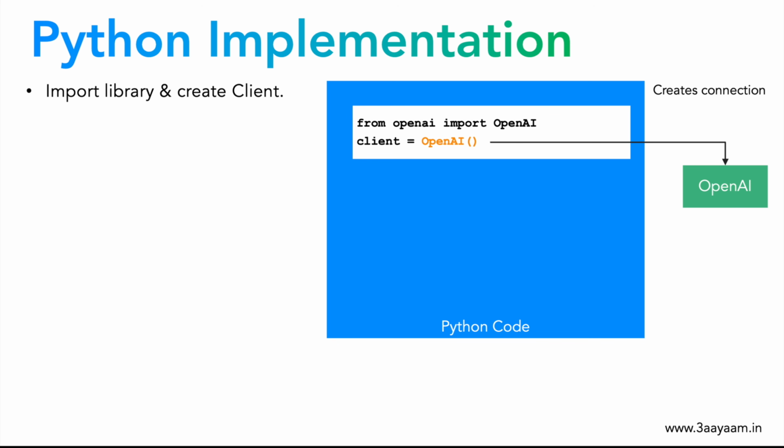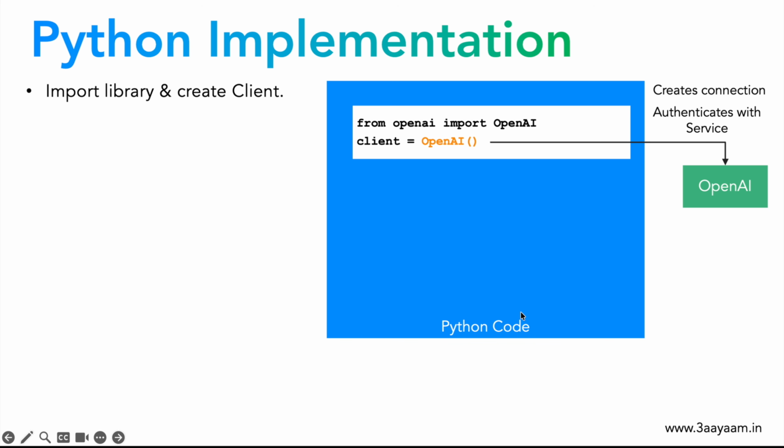So it creates a connection and it also authenticates with the service. When I say service, let me repeat, it is the combination of the model running on the servers hosted by OpenAI, which is actually Azure. So it creates a connection and then authenticates with the service using the API key that is fetched by the SDK.